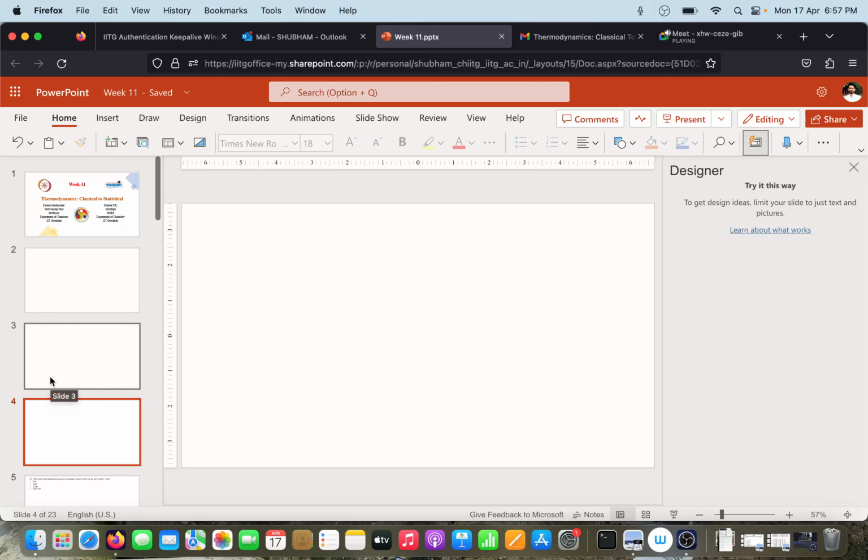So this formula is for total number of microstates. So if we calculate by using this, 2 plus 3 minus 1 factorial divided by 2 factorial, 3 minus 1 factorial, that is 4 factorial divided by 2 factorial 2 factorial, 4 into 3 divided by 2, this is 6. So there are 6 microstates.